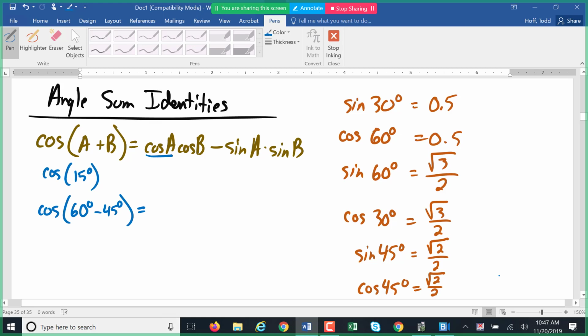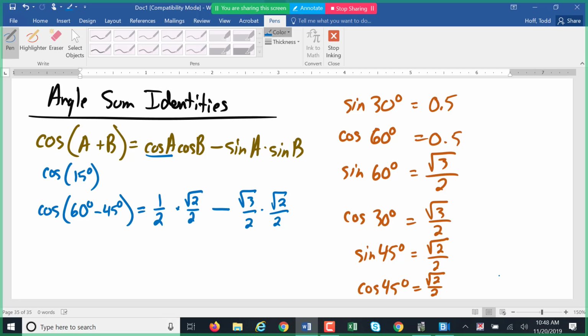Well, that's the cosine of A, cosine of 60 degrees, which is 0.5, times the cosine of B. Cosine of 45 degrees is the square root of 2 over 2. This might be beneficial if I write that 0.5 as 1/2. Minus sine of A. Sine of 60 degrees is the square root of 3 over 2. And sine of 45 degrees is the square root of 2 over 2.